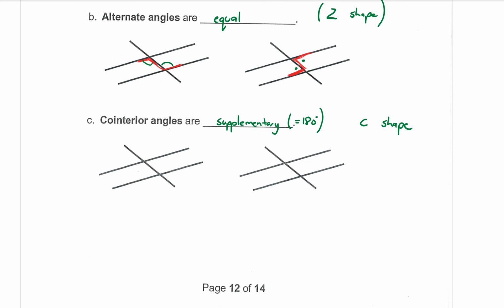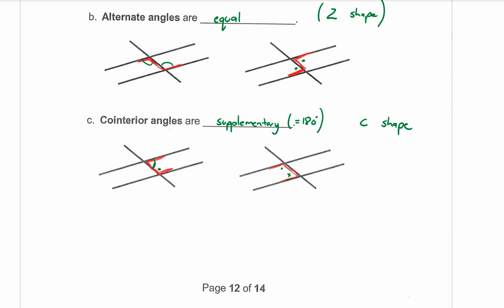So here is a C shape inside there. Now these ones aren't equal, so you can't use the same symbol, but that angle and that angle would add to give 180. Or if I draw the C backwards, it would be that angle and that angle, add to give 180.